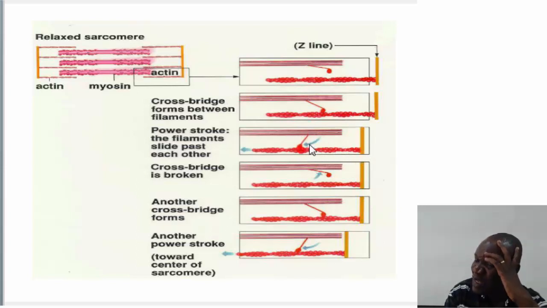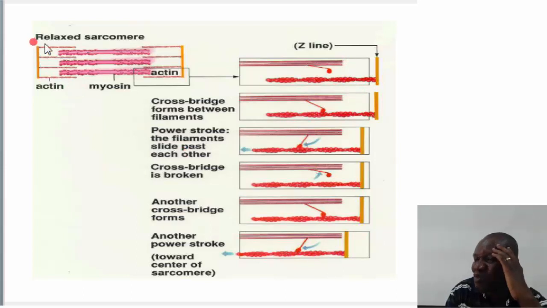So this is the first power stroke. Then it detaches, binds to it, then power stroke, and draw the thin filament again. So you realize that the thin filament, or the Z line, is being drawn from this area to this area, close to the Z line.